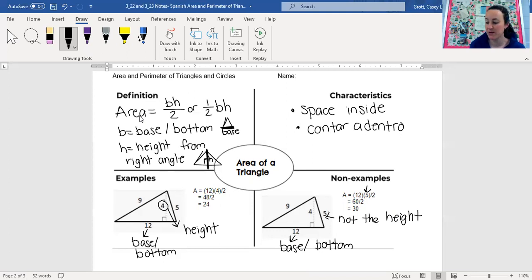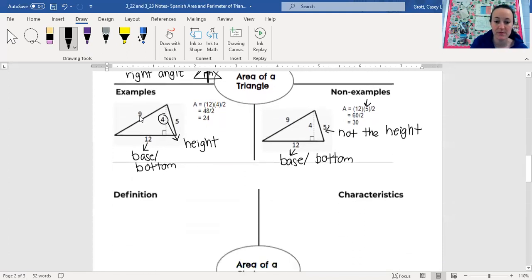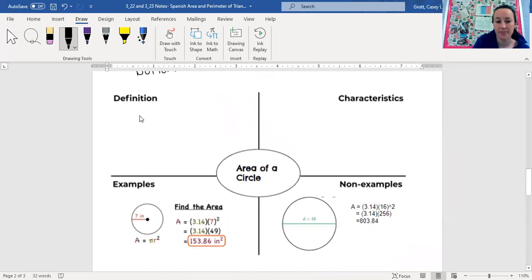The last shape that we're going to look at are circles, okay? Finding the area of a circle. So if we come down here, we are going to have area equals pi r squared. Okay, pi is going to equal 3.14.